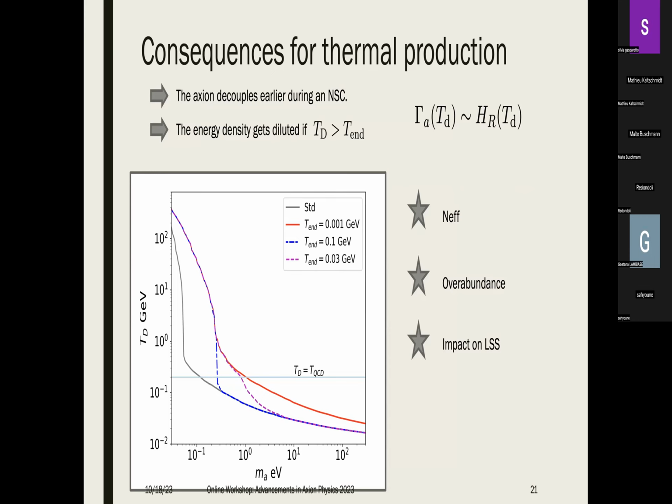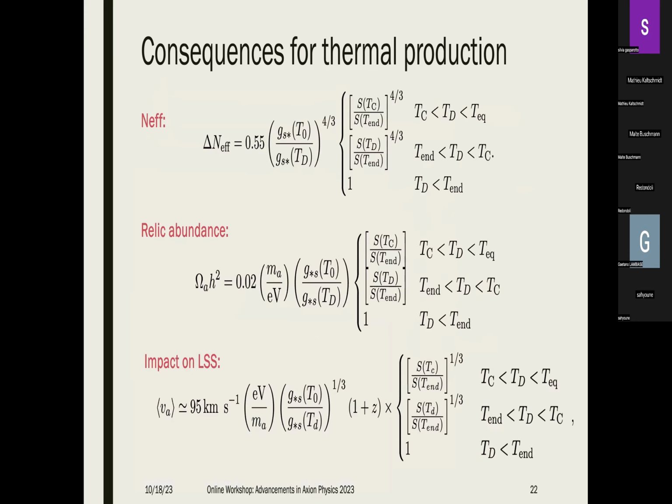So these are how the observables, let's say, the contribution to the effective number of neutrinos, the contribution to the energy density, and the average velocity of the axion, which translates into this free streaming length of the axion, change or get modified because of the non-standard cosmology.